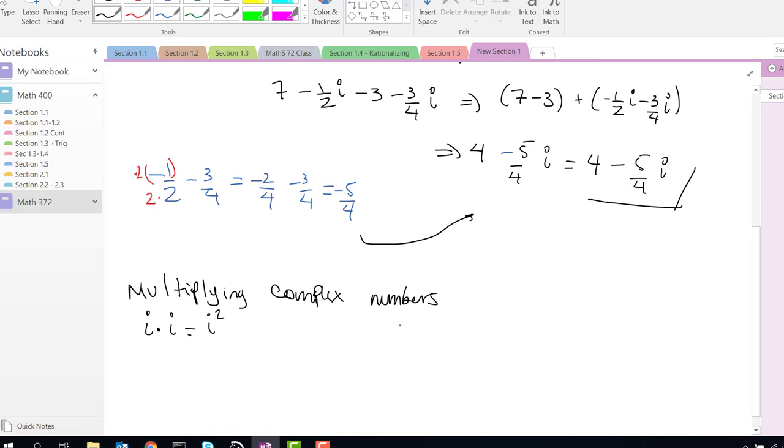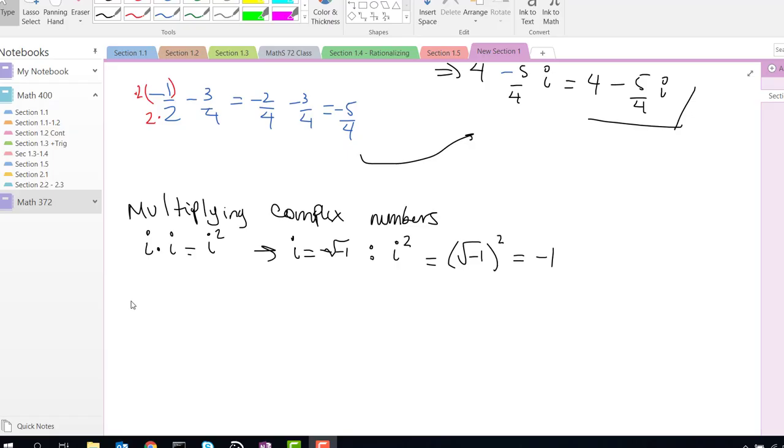And remember, i is the square root of negative 1. So that means when we have i squared, this is really the square root of minus 1 squared, which is negative 1.